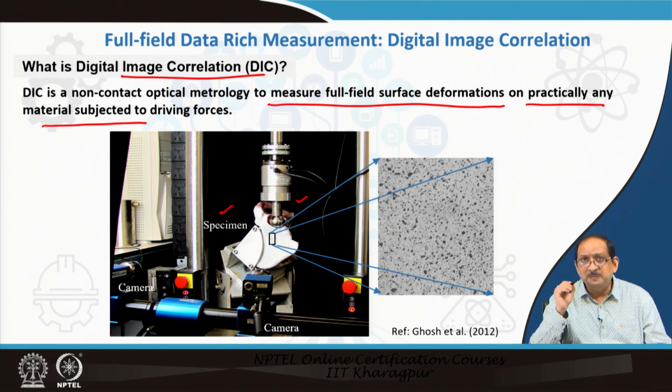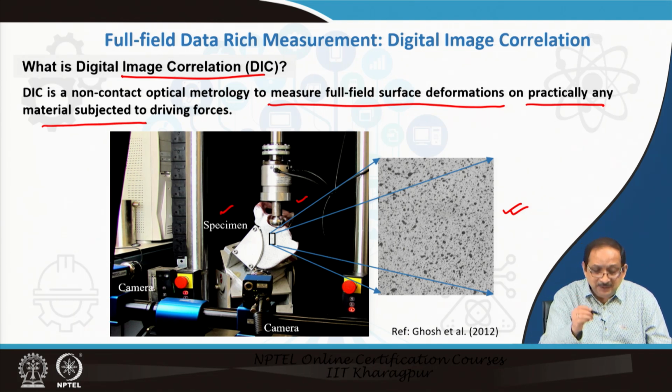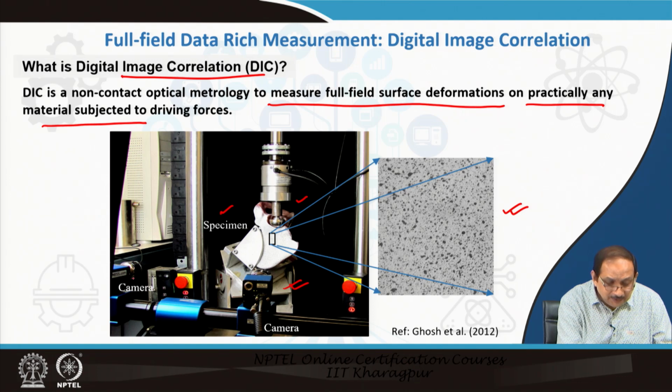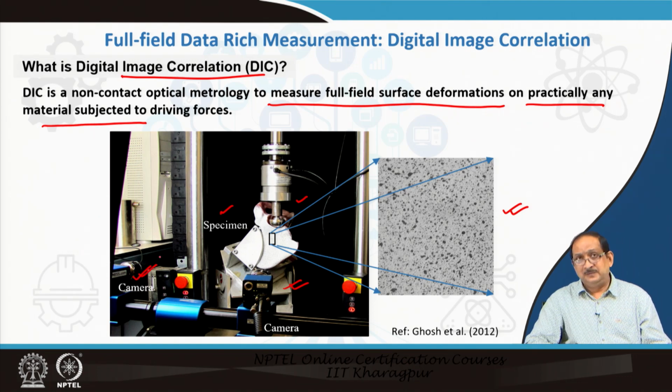On top of the white paint we need to spray or generate black speckle patterns, and the displacements of these speckle patterns need to be recorded by two cameras. DIC is a non-contact optical measurement technique to measure the full field surface deformations in a selected region of interest.